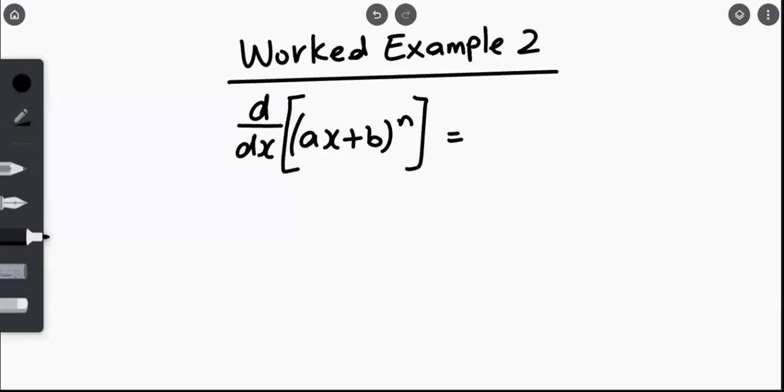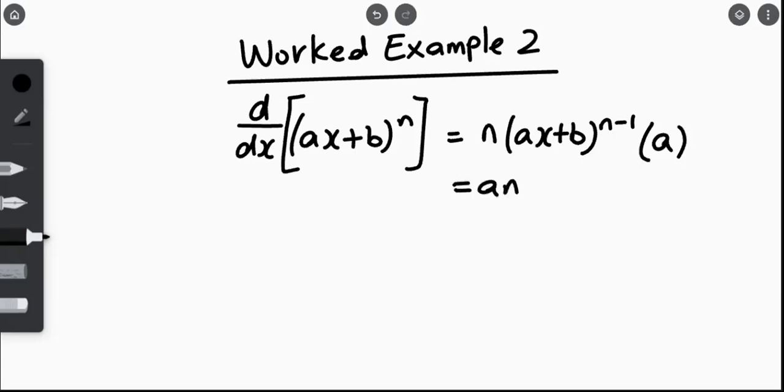So how do you differentiate? It will be power come down, power take away 1, times what? Yes, A. Okay, power come down, power minus 1, differentiate the inside. It will give you a n ax plus b to the power n minus 1.